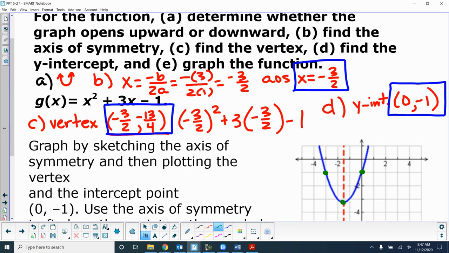Minimum spot, the bottom of the cup or the valley, whatever you want to think about. Okay. What's the minimum value? Negative 3.25, right? It's the y value of the vertex. That's the minimum value.